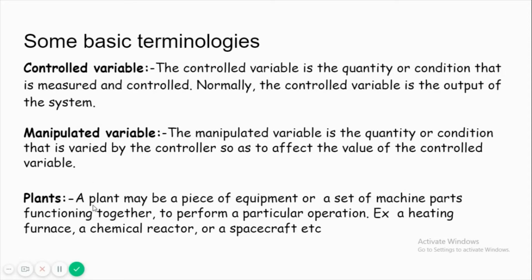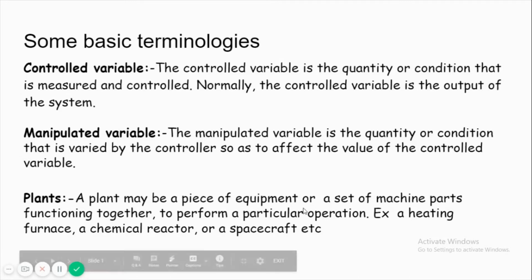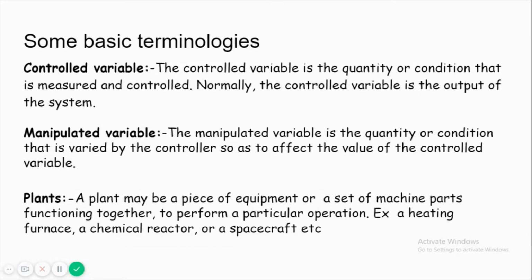Let us see the definition. A plant may be a piece of equipment or a set of machine parts functioning together to perform a particular operation. For example, a heating furnace, a chemical reactor, or a spacecraft.